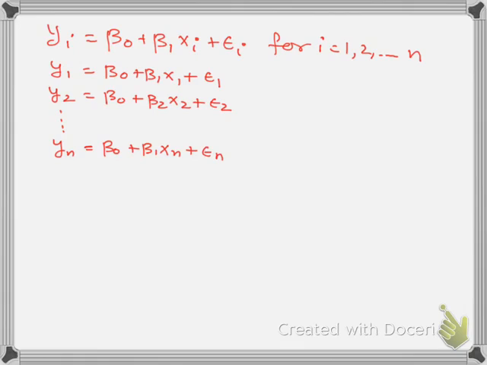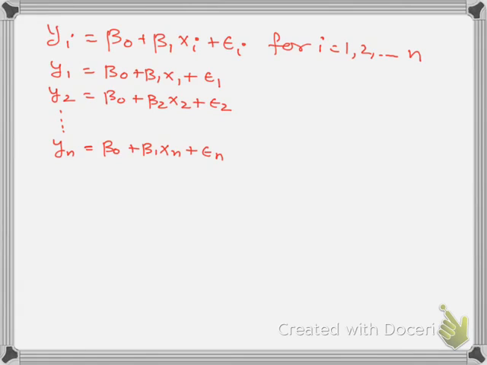Well, that's pretty inefficient way of writing it all out, right? As you can see, there is a pattern that is emerging. By taking advantage of that pattern, we can instead formulate this simple linear regression function in matrix notation.